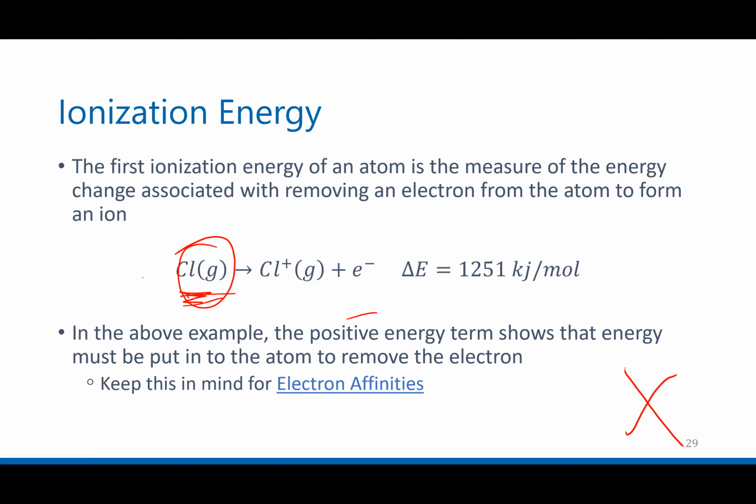It's a product, it's left, it's gone, it has been removed. And the energy it takes to do that would be 1,250 kilojoules per mole. We'll get into the moles and stuff in another unit, but basically this just shows that it takes a lot of energy to remove these electrons. So you don't need to worry about this slide.